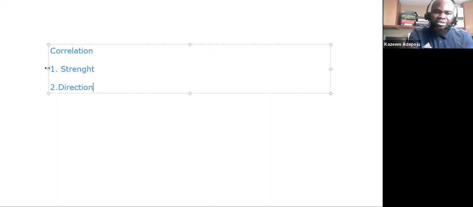Then the correlation is going to give me the strength and the direction. So if I'm talking about strength and direction in correlation, what am I going to see in the correlation value before I will be able to tell about the strength and the direction of the relationship? I'm going to show you right now.